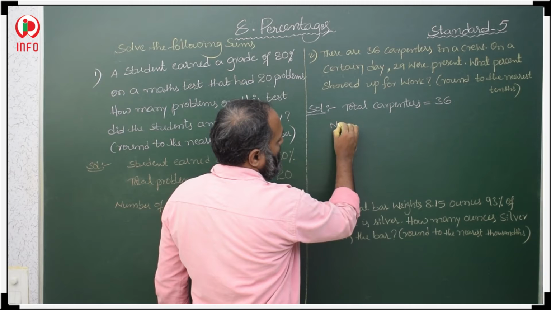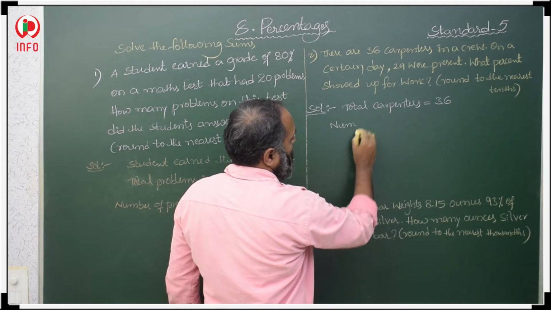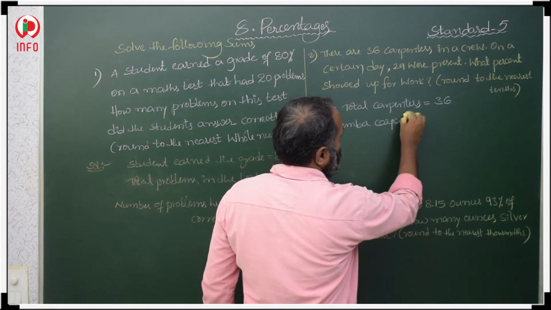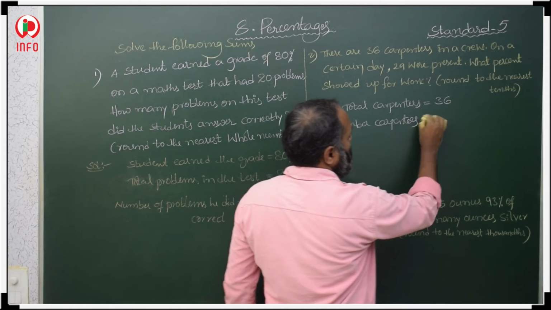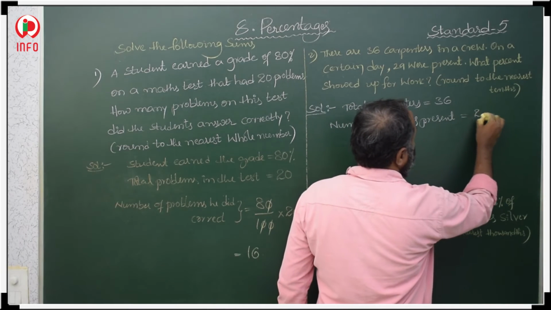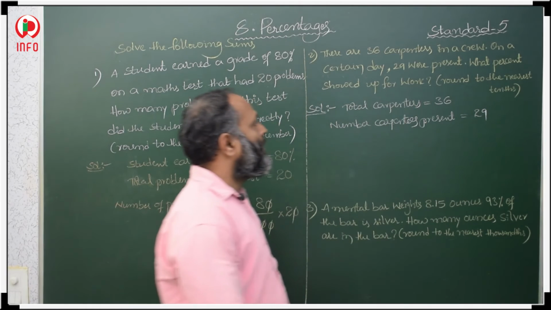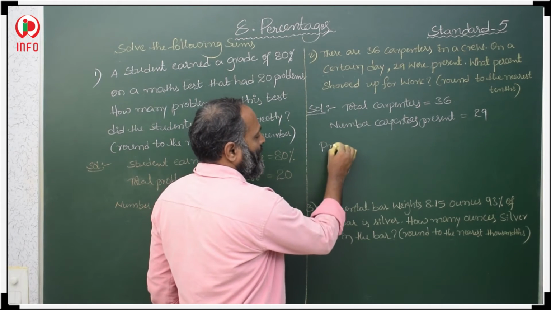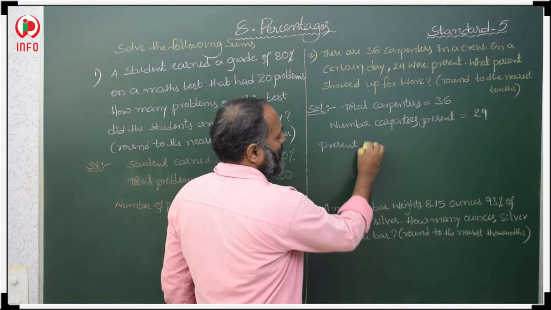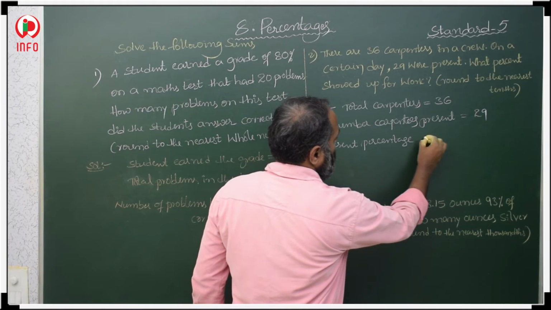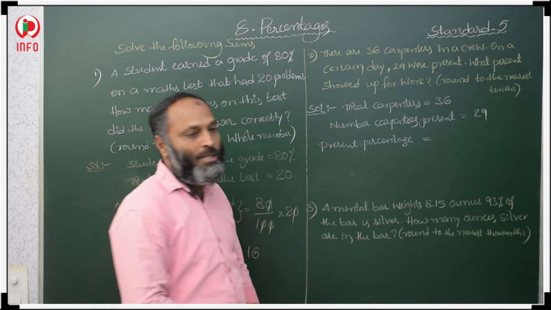Number of carpenters present on a certain day: how many? 29 are present. Then the present percentage. How to find the present percentage?